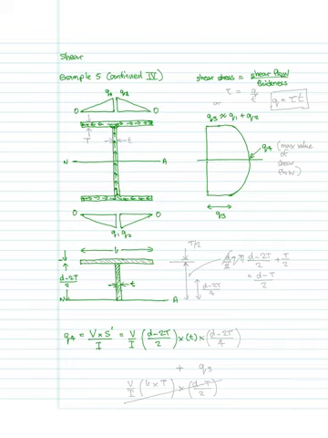It's going to be D minus 2T over 2. That's going to be multiplied by the thickness of the web, and that needs to be multiplied by the distance of the centroid of the shaded area to the neutral axis of the composite section, and that's going to be D minus 2T all over 4. So we've got another bracket, D minus 2T all over 4.